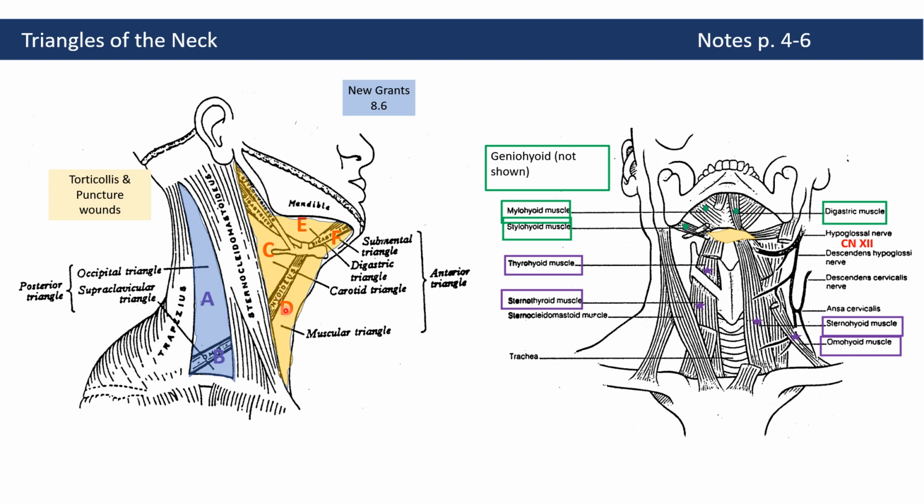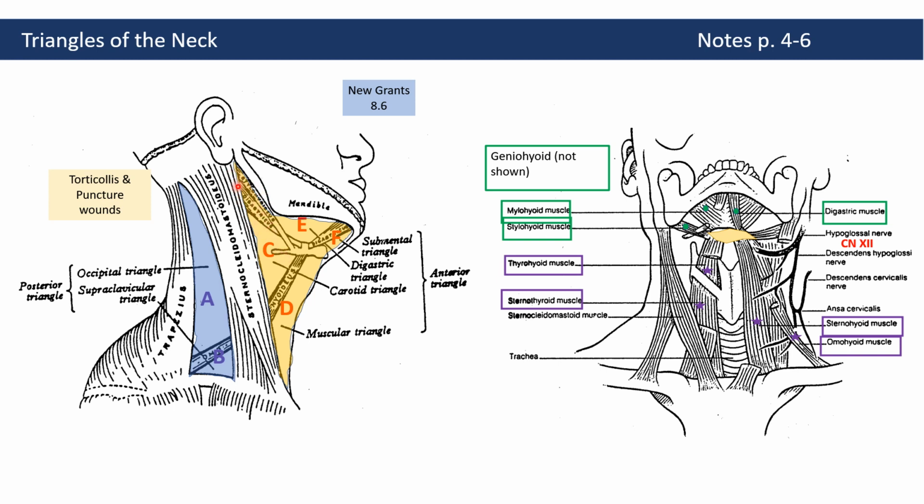Now, the anterior triangle is subdivided by the superior belly of the omohyoid, as well as the anterior and posterior bellies of the digastric, shown here, and the stylohyoid muscle, which conveniently tells us what its attachments are.